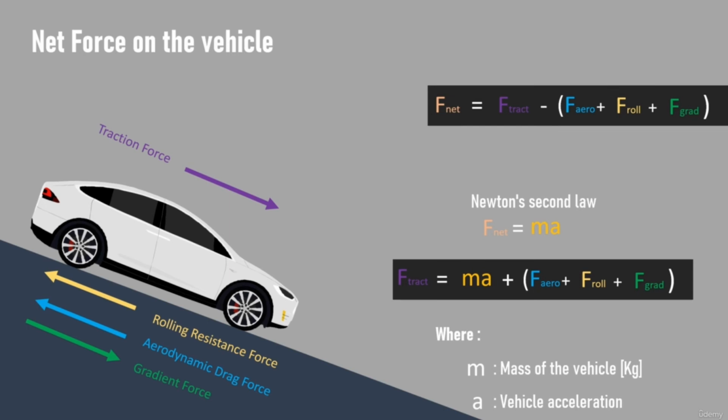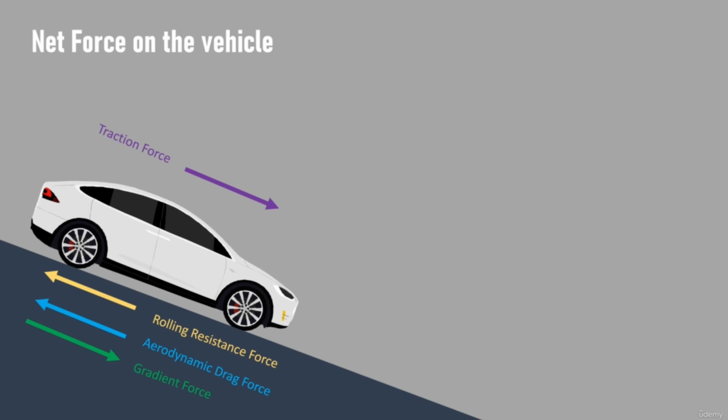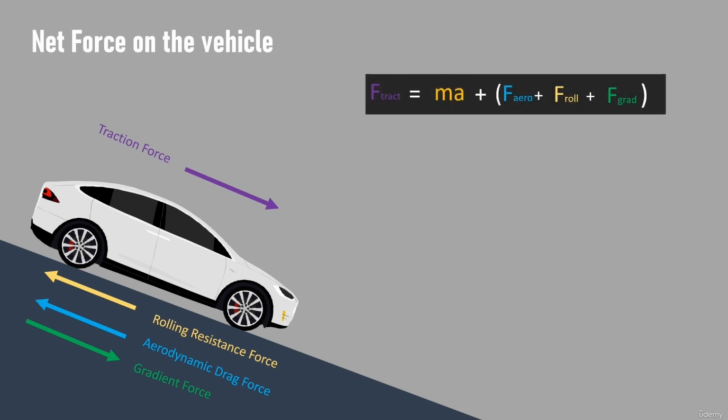The traction force is in the driving direction most of the time, but it can be zero when the vehicle is coasting or even negative when the powertrain is under regenerative braking. If we now expand the equation for the traction force, we can see the factors that influence the vehicle forces.